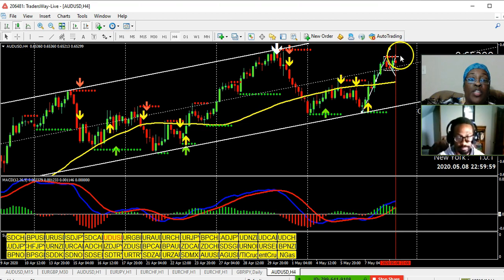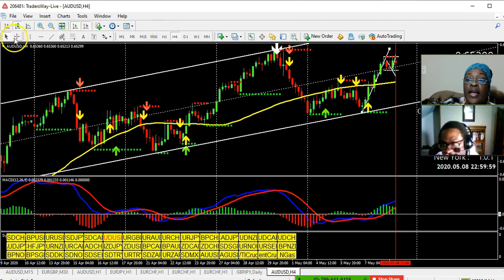Now we are expecting it to break out to the downside because, one, the triple arrow said we're going down. Two, price is right up against a resistance zone, pushing back down. And three, we are at the beginning of a continuation run. So I'm expecting this to drop, and it coincides with what we are looking at on the hour chart.